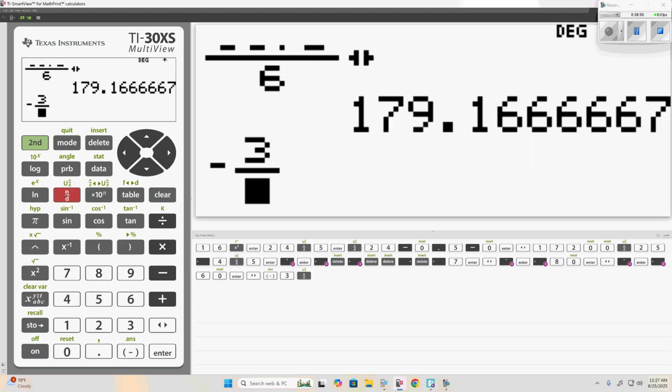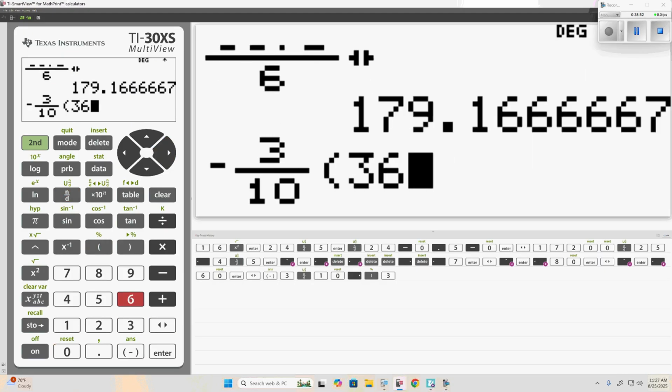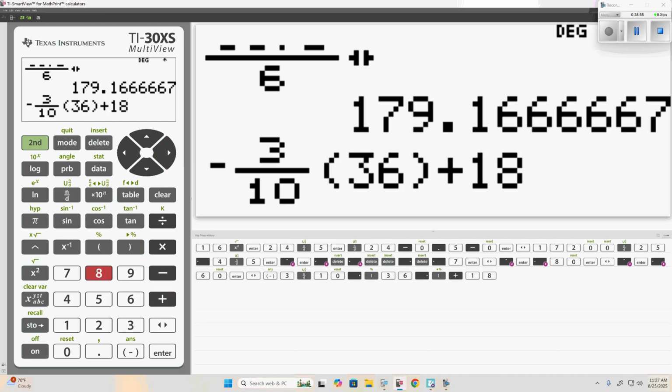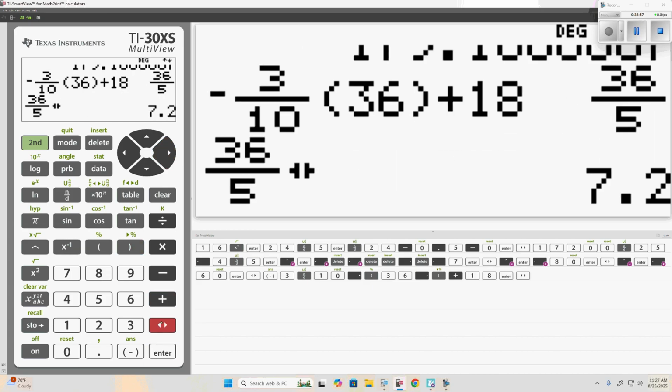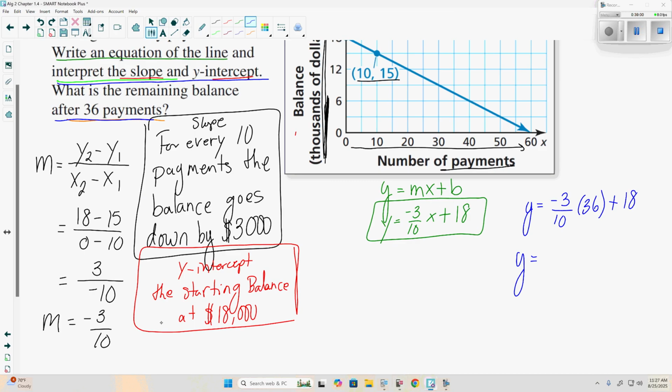In the calculator, negative 3/10 times 36 plus 18 is 7.2. Or we'd say that the remaining balance is $7,200. Since y is already by itself, the rest of it is just numbers, we can plug it in. The previous one, the variable was not by itself, so we couldn't just plug it in.